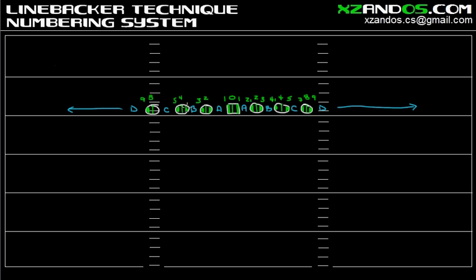Inside techniques. And again, this is review if you have watched the defensive gaps and techniques video: 2I, 4I, and 7. Now, if you've watched that video, you will understand in more depth the gaps and the numbering system.